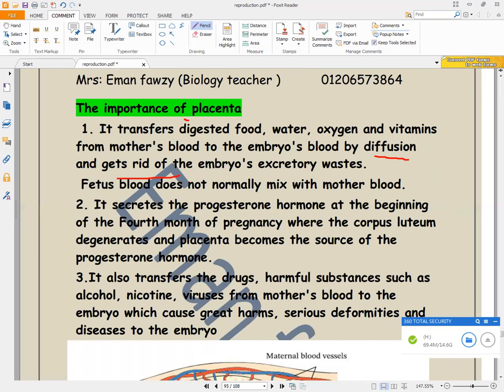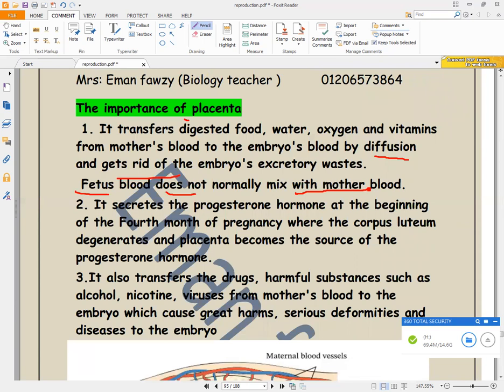Also, you will find that the fetus's blood doesn't normally mix with the mother's blood, okay? Why? Because of the difference in the blood groups. You know from grade 10 that the body contains antibodies toward the other types of blood groups, okay?